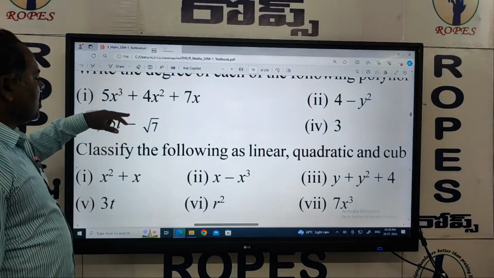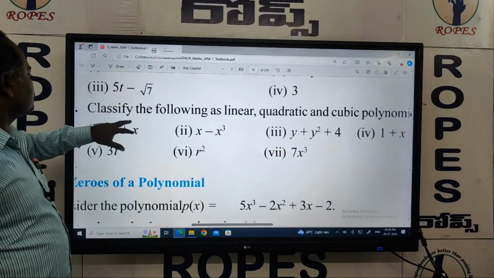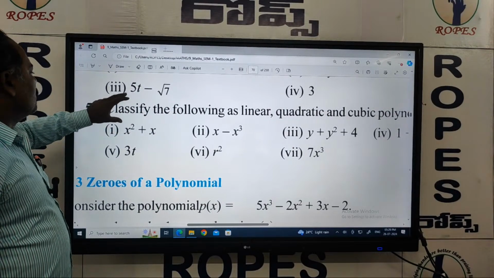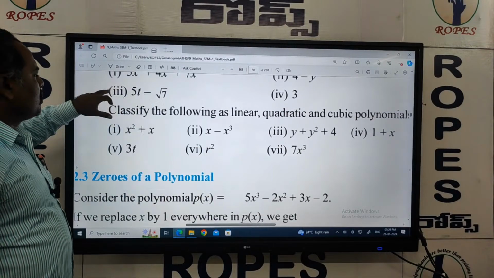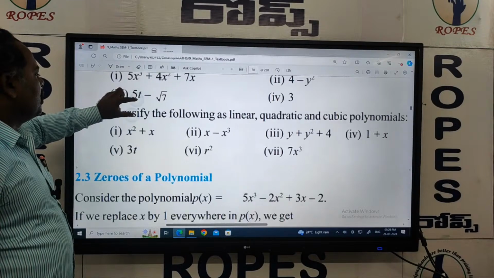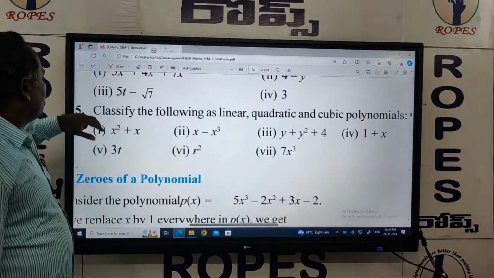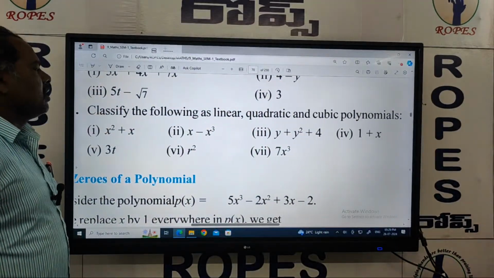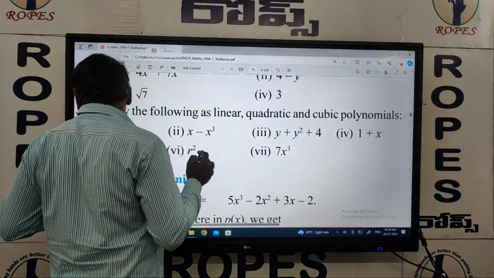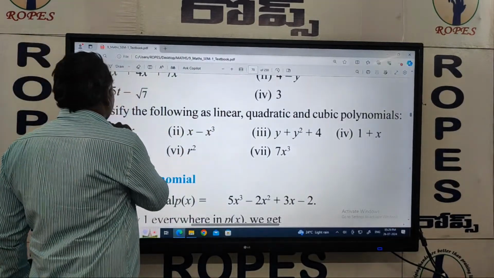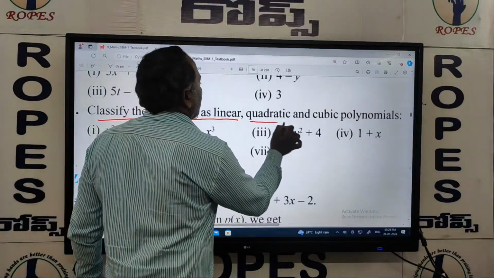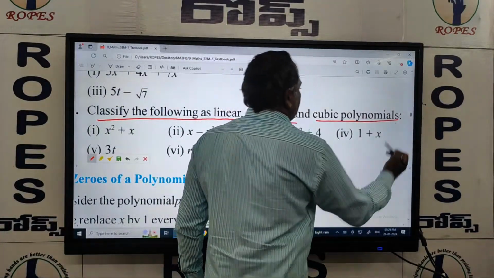Now if you go to question number 5, they have asked us to classify the following as linear, quadratic and cubic polynomials.